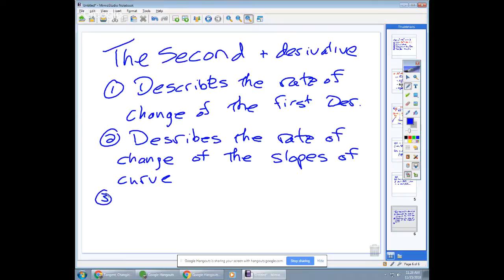And the observation about the changing slopes on the original curve tells us about concavity. So the second derivative identifies intervals of the function being concave up or concave down.